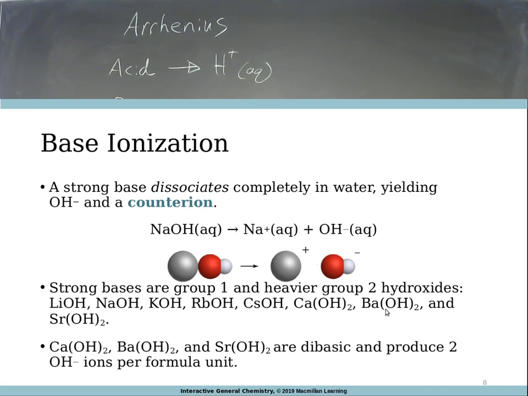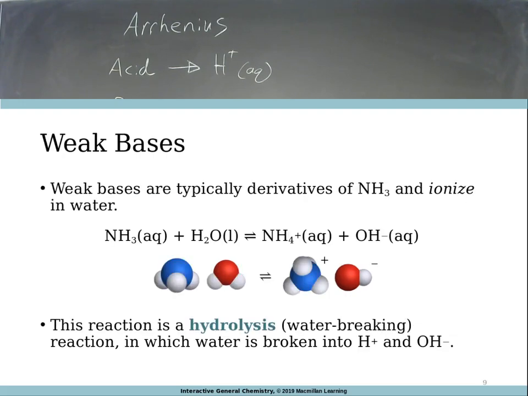But this collection here, they are soluble. And of course, calcium hydroxide, barium hydroxide, and strontium hydroxide each carry 2 hydroxides. So they are like H2SO4, which gave 2 hydrogens. Well, these will give 2 hydroxides when they dissolve in water.